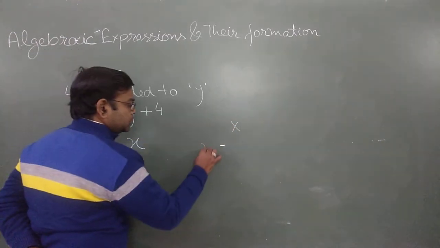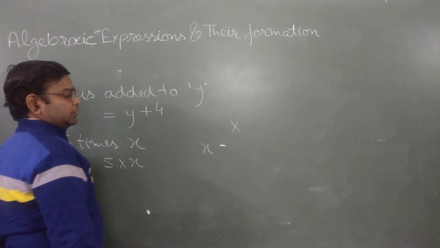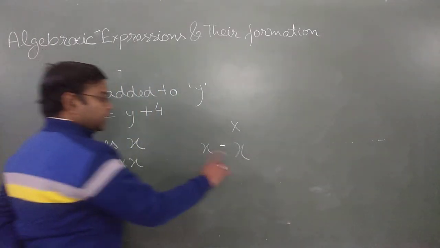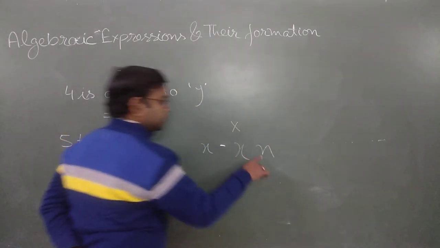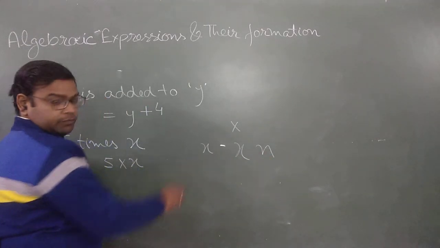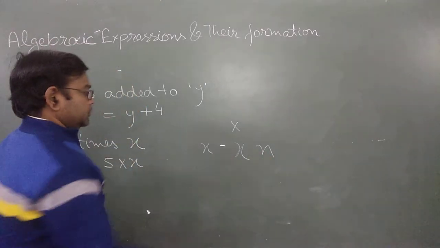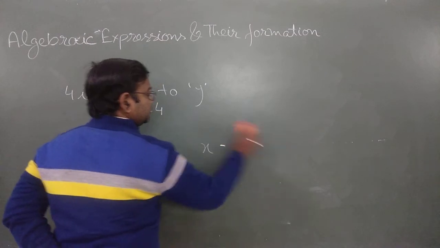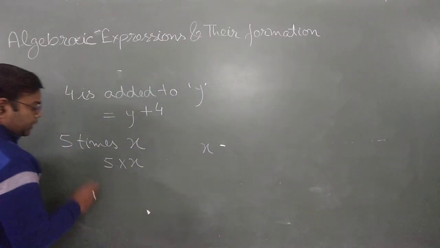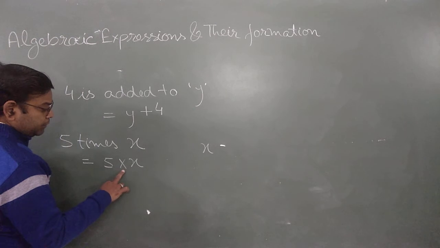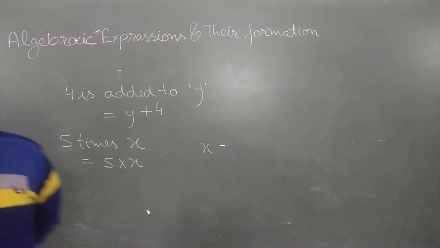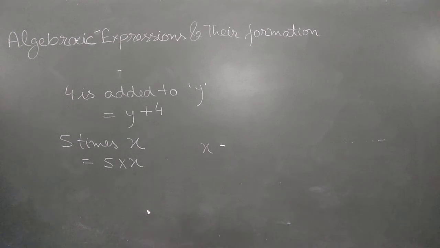Use the multiplication sign likewise, so you can clearly distinguish between x and the multiply sign. So how do we write 5 into x? These are known as your algebraic expressions.